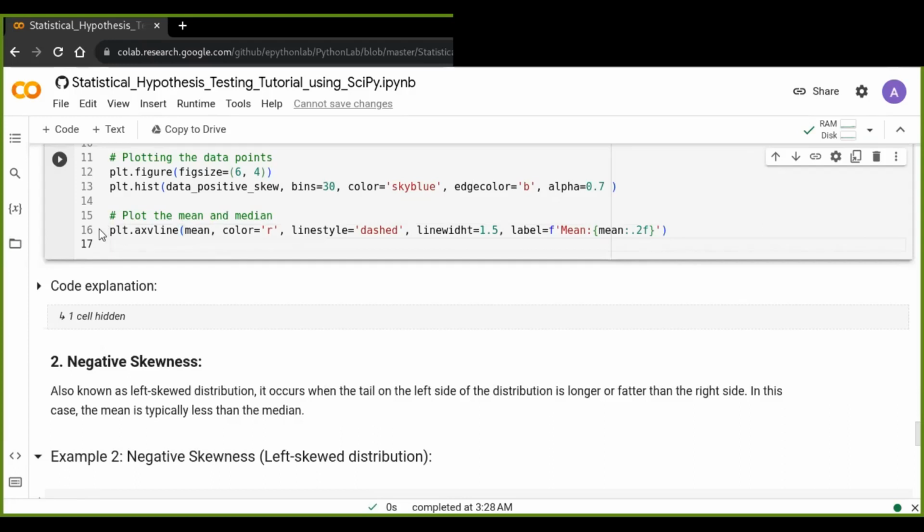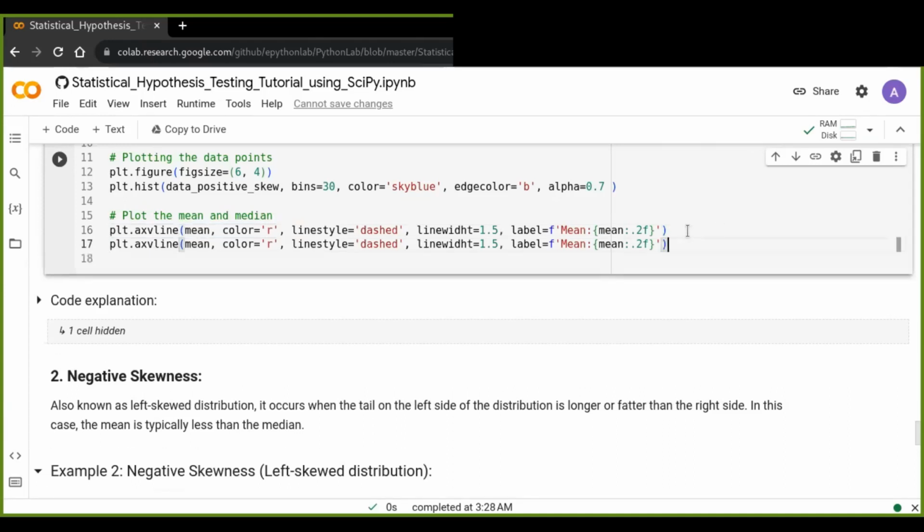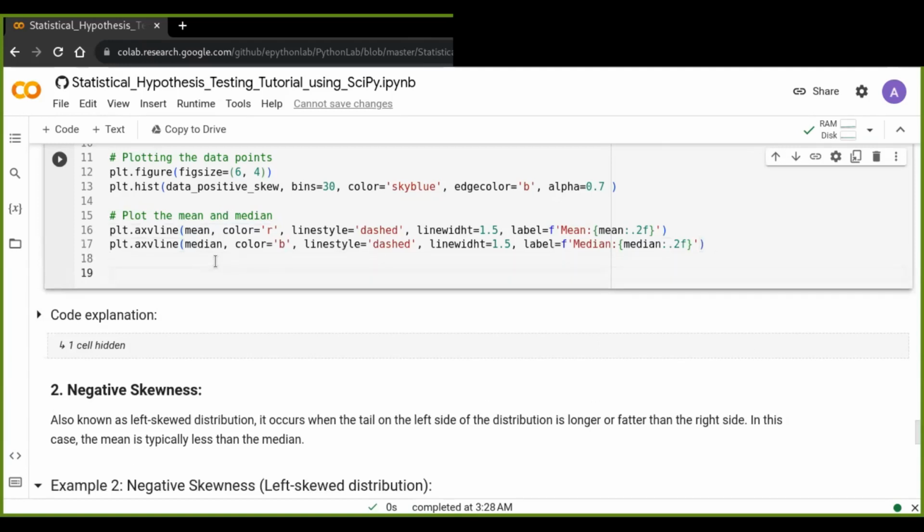Okay, you can copy this and you can change the mean to median to plot the median as well. Color to blue, change blue, and convert this to median. Okay, that's good. And we are going to specify the title.